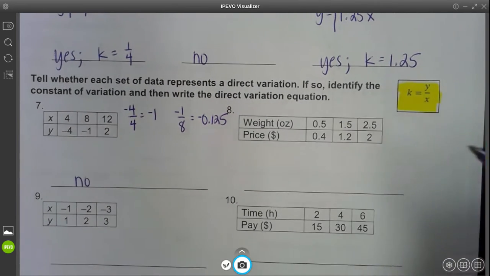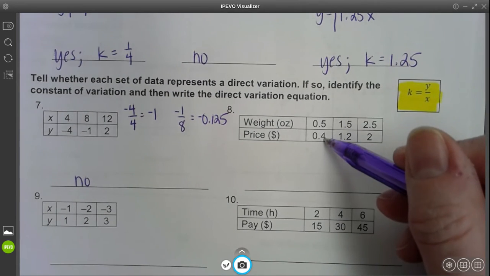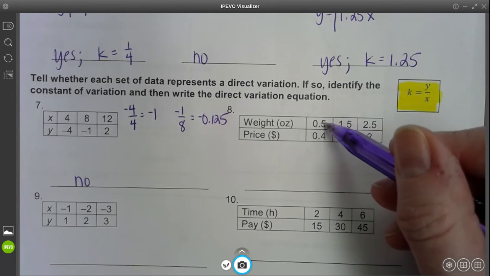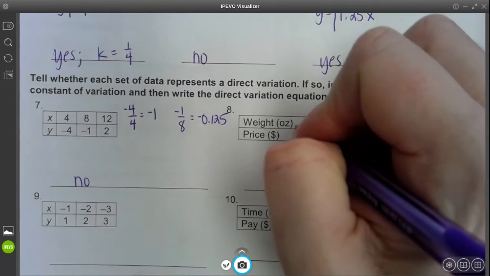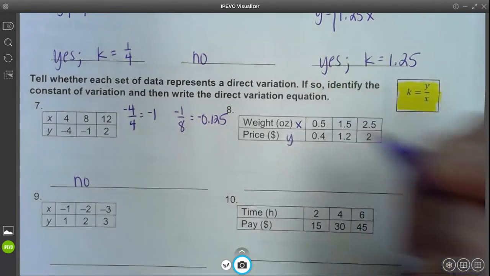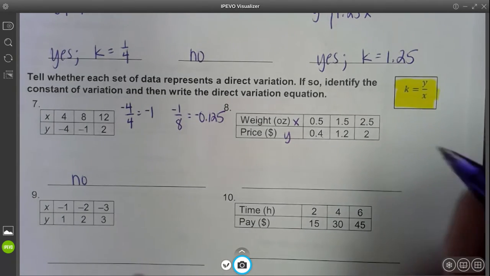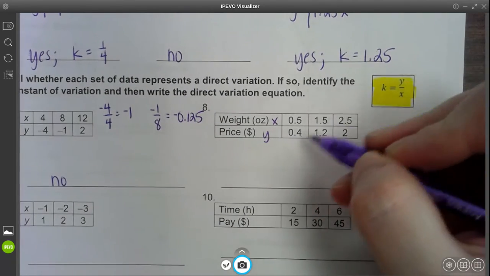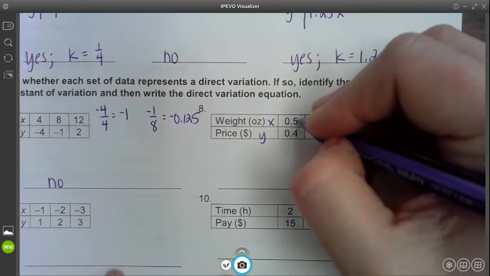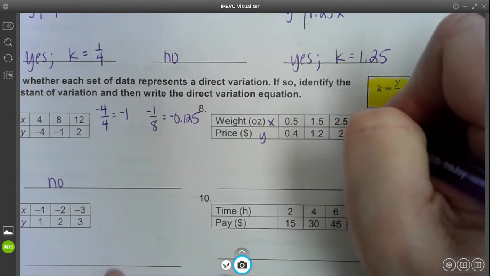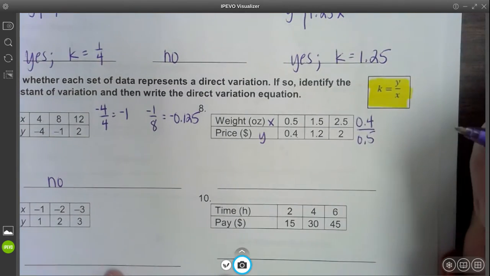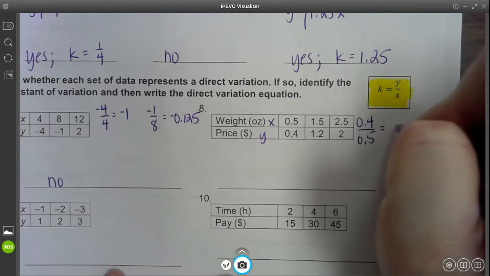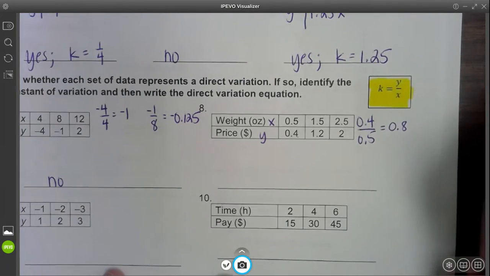All right, so now here's another example. I'm going to be doing the y divided by the x. Now today you don't have to worry about this, it's going to be in the correct order, x and then y. So the first y divided by x is 0.4 over 0.5. If you were to check that in Desmos, it's 0.8.